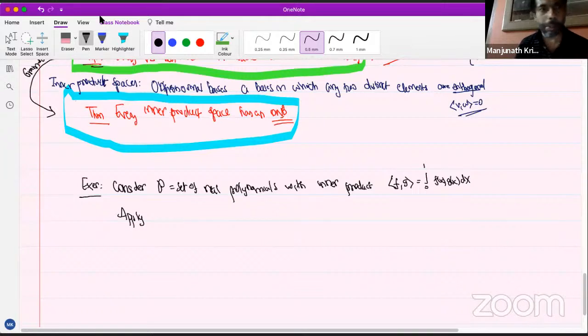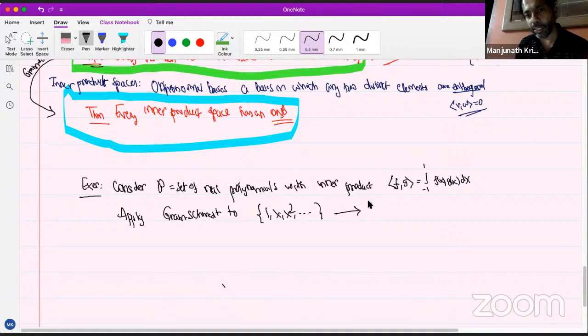Maybe I will do it on -1 to 1. Apply Gram-Schmidt to 1, x, x square, etc. This is a basis here.